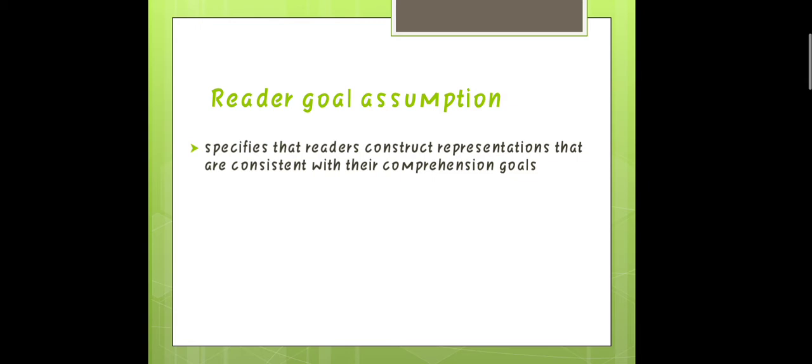This means that the task and the learner's cognitive ability have to match the problems to make learning valuable. This way, the readers can construct representations between what they have already learned to what they will learn in the future. So that is for the reader goal assumption.